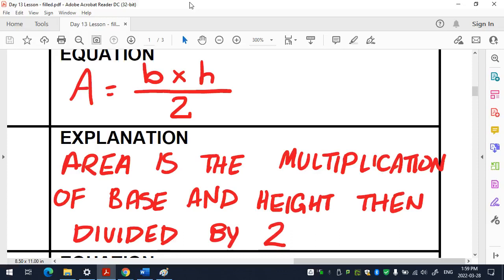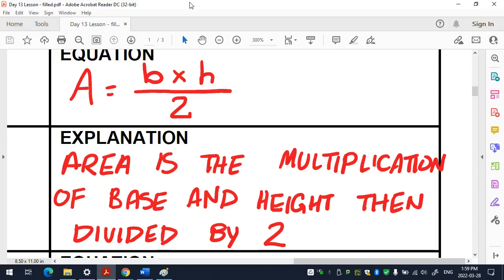But then what do you do? Then you have got to divide by 2. Again, we have so many examples on the other 2 sides of the sheet, so we'll see exactly how this translates to real numbers. But please, if there's a take-home message about triangles today, it is that if you want to know how big a triangle is, area-wise, you need to divide by 2 at the end of the multiplication.